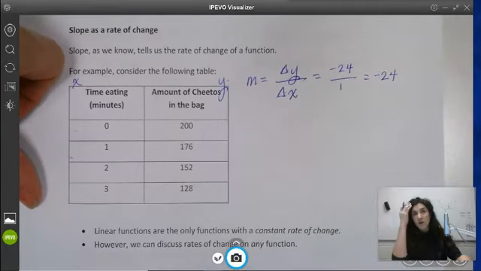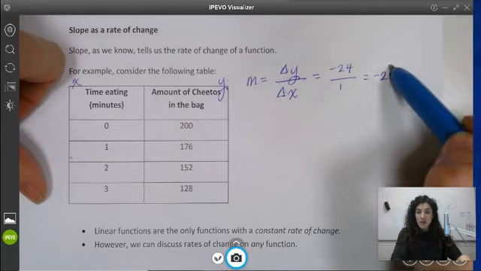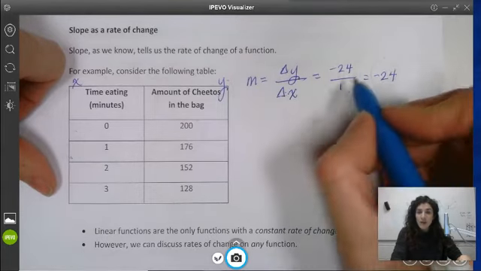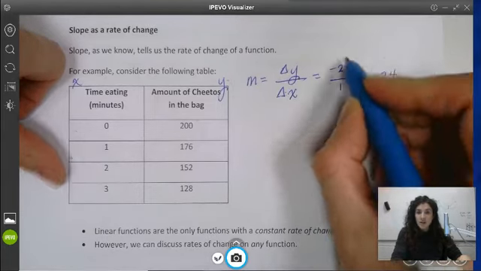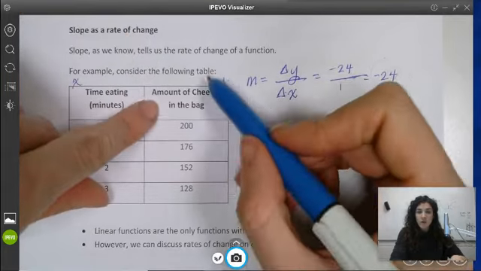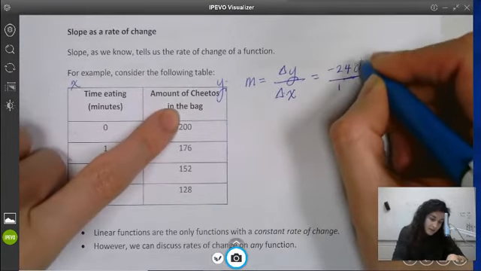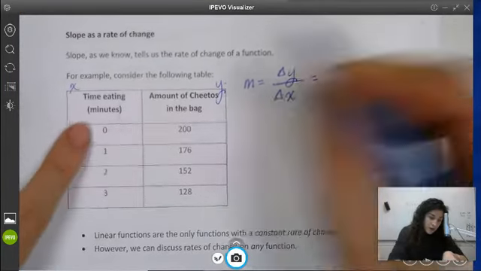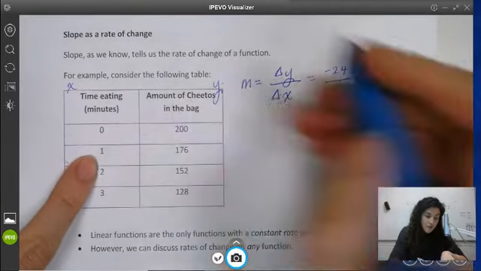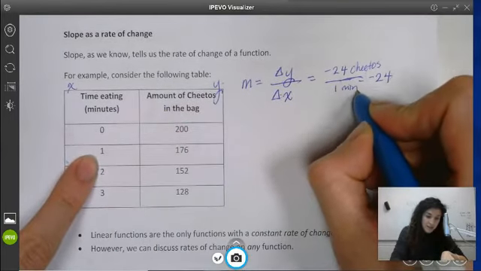Negative 24, though, as a slope, when we're dealing with word problems, we should understand the relationship that we have between the two variables. So not only is it negative 24, it's negative 24, and then what are our units of measure? Negative 24 what? Negative 24 Cheetos in a bag during a change of 1 minute.